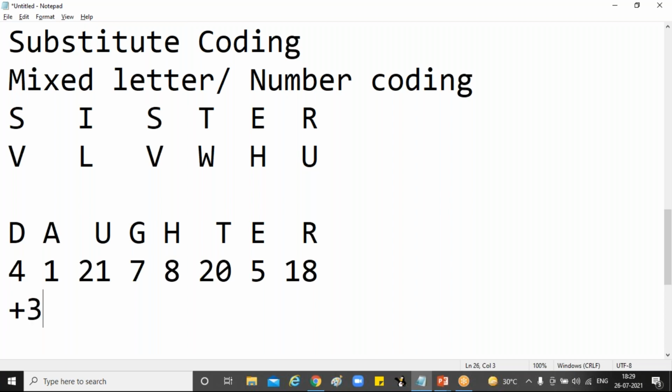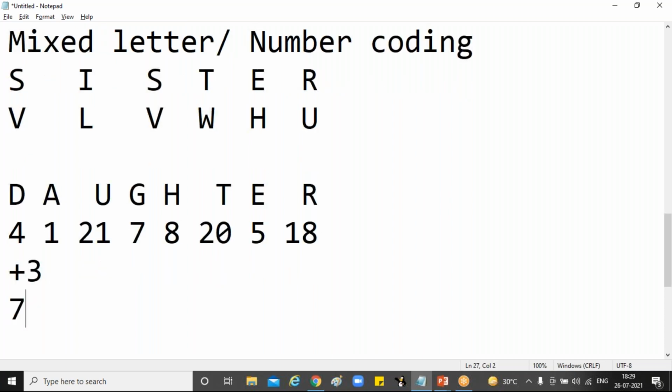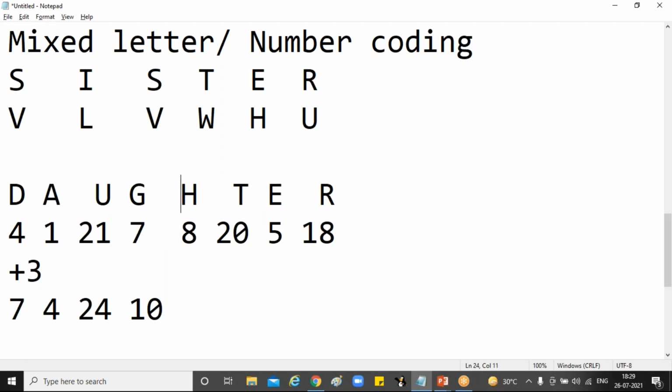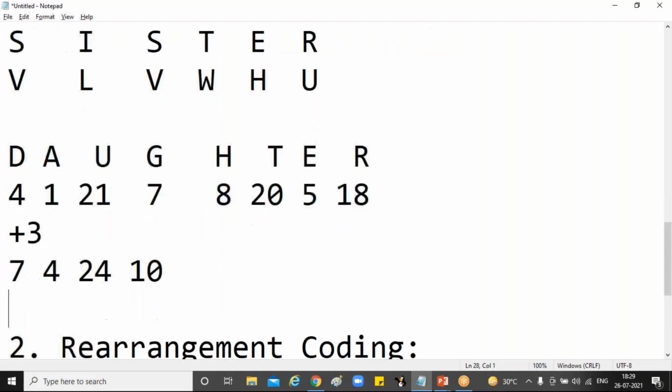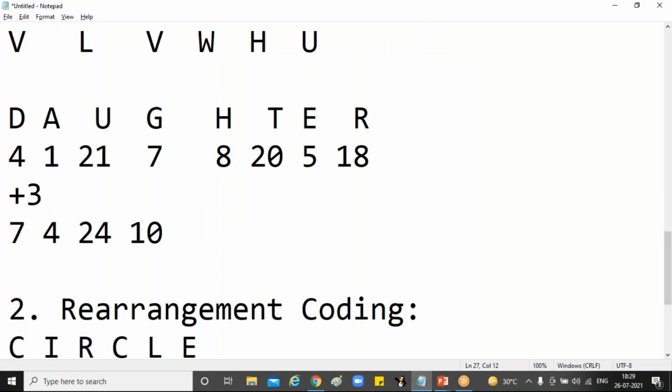After writing the numeric numbers of the letters, what is the logic? +3 is the logic. So 1 plus 3, 4; 21 plus 3, 24; 7 plus 3, 10; 7 plus 3, 10; 8 plus 3, 11; 20 plus 3, 23; 5 plus 3, 8; 18 plus 3, 21.